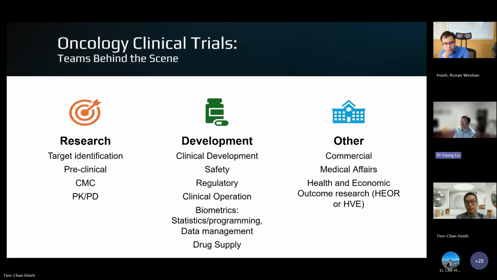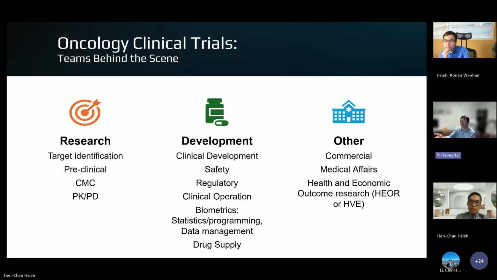Those are the majority of the jobs in that area. And what I noticed is that most CRAs transition from research coordinator. So they jumped from the academic side of this job to the industry side of the job. And that's pretty much it.